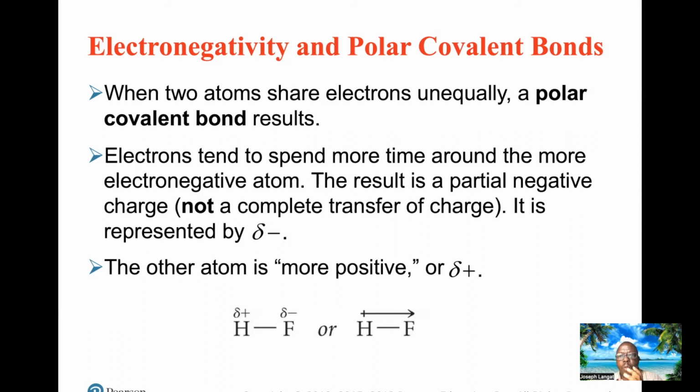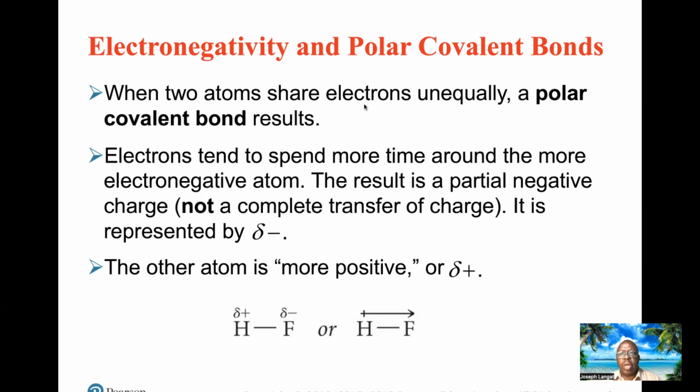Polar covalent bond means electrons are concentrated in one end of the bond, where the other end is electron poor. There are electrons there, but it's just an electron-poor region. When two atoms share electrons equally, the bond is non-polar.